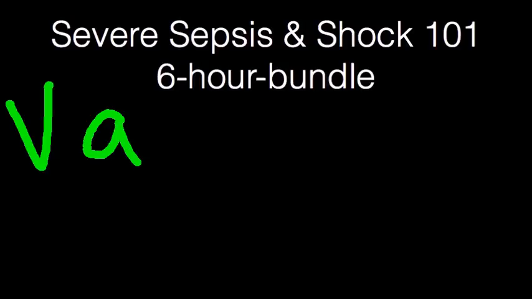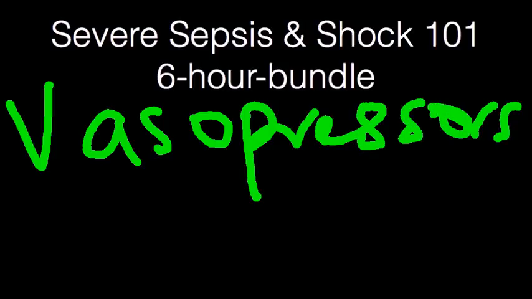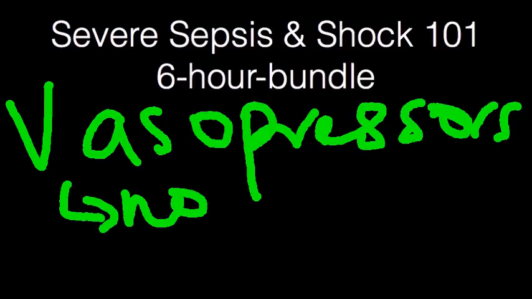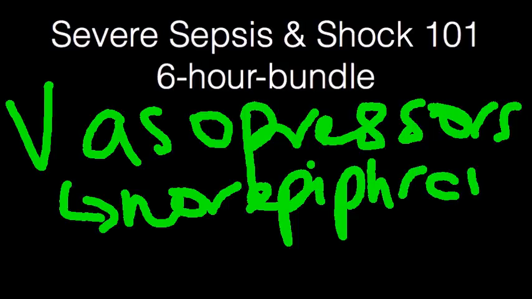The next thing is vasopressors. There are a few that you want to use frequently. One is norepinephrine. Norepinephrine is preferred over dopamine, as dopamine is found to be more tachyarrhythmic and actually has increased mortality in some subsets of patients.